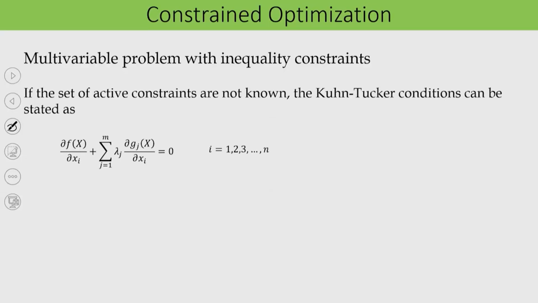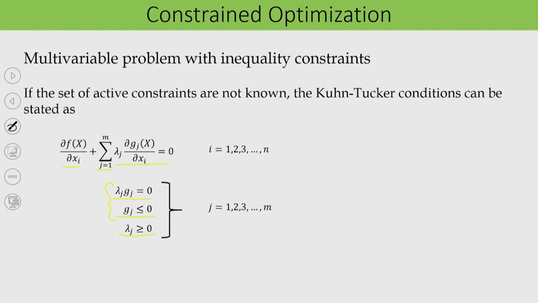In that case, if the set of active constraints is not known, the Kuhn-Tucker condition can be stated as: del f by del x i plus the sum over j equal to 1 to m of lambda j del g j by del x i equal to 0, then lambda j z j equal to 0, then z j less than or equal to 0, and then lambda j greater than or equal to 0.